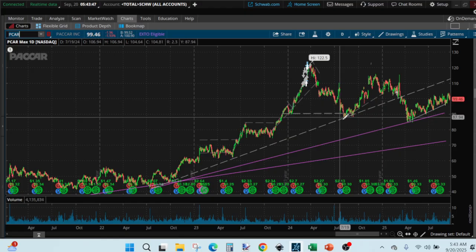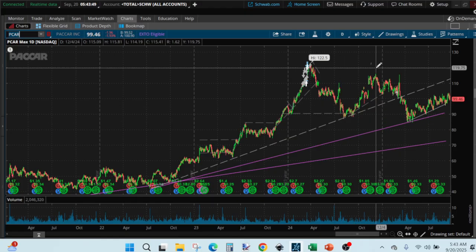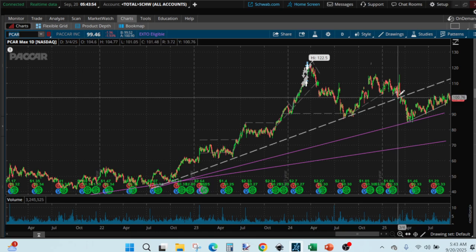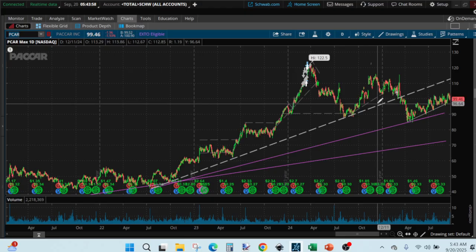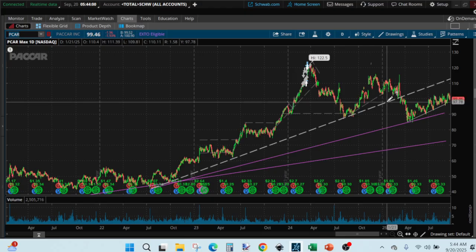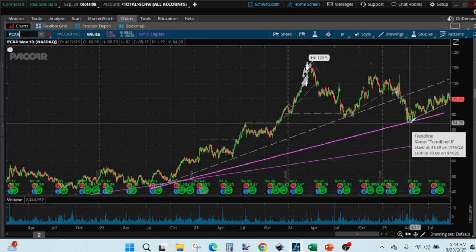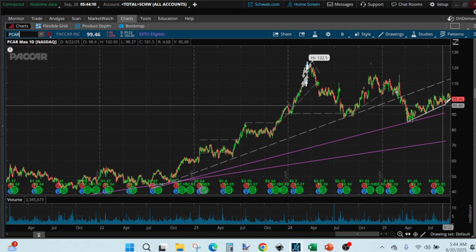It rested there for a little bit and then went up and pulled back again. And we purchased some more here, thinking that this might be the valley line that it wanted to rest on. But guess what? It continued to pull back again to this one here, and then started going up from there.